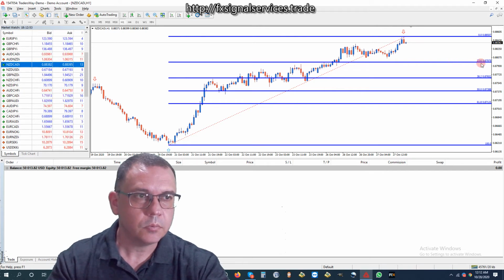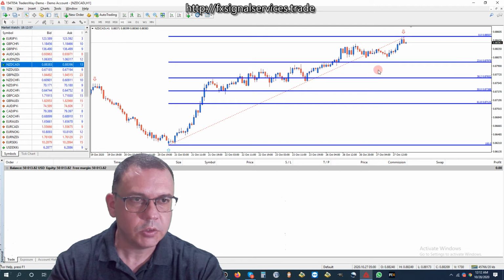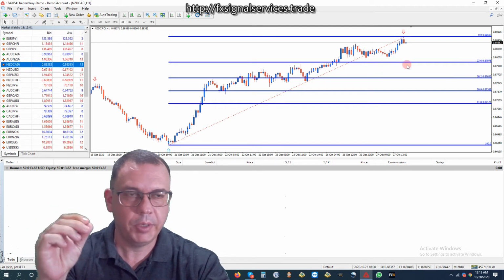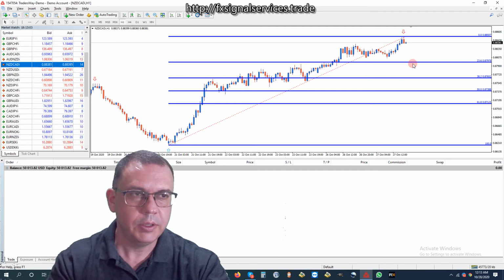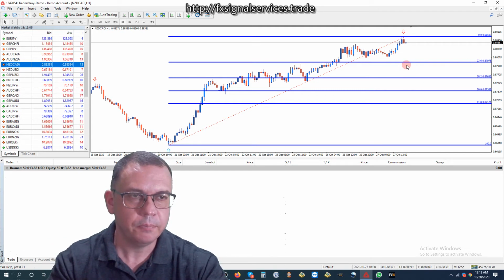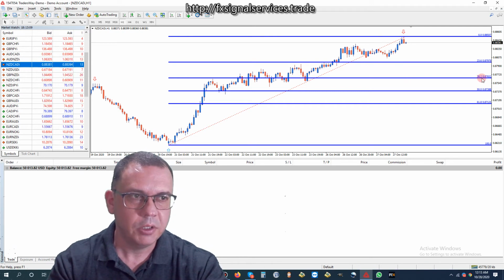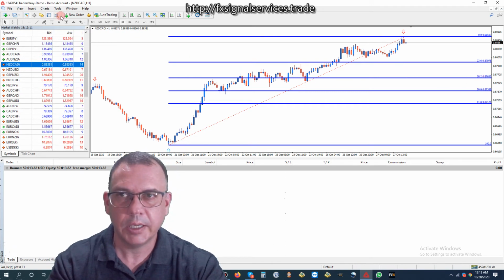And then we have different levels here on the Fibonacci. We're going to put a sell stop pending order just below this 23.6 level, and then another take profit just slightly above this 38.2.